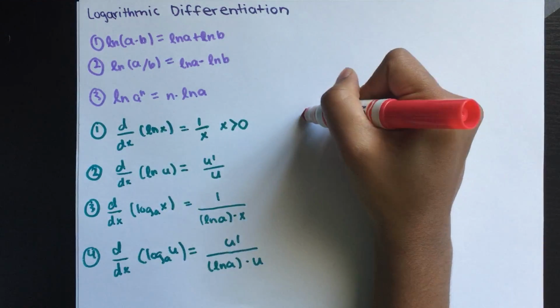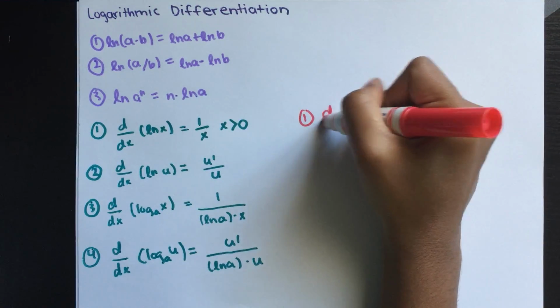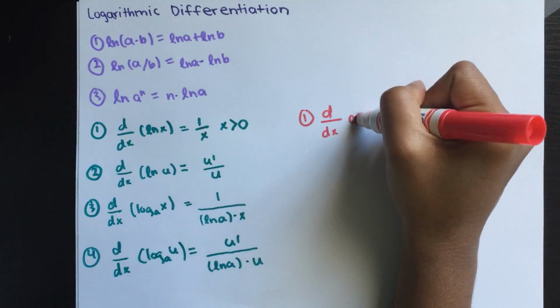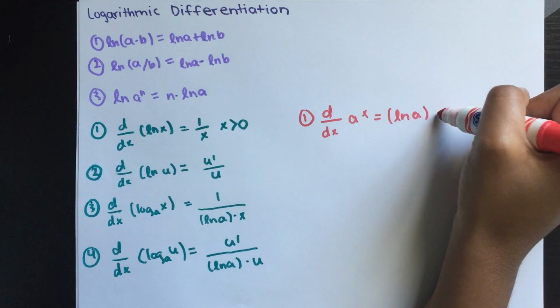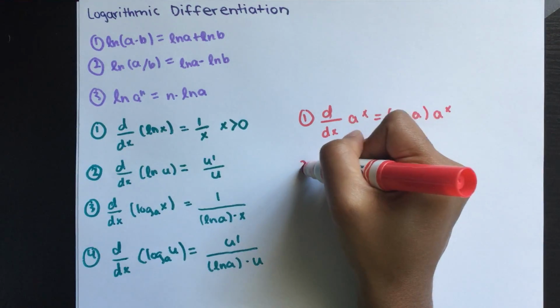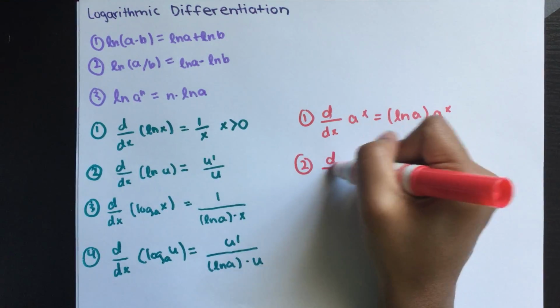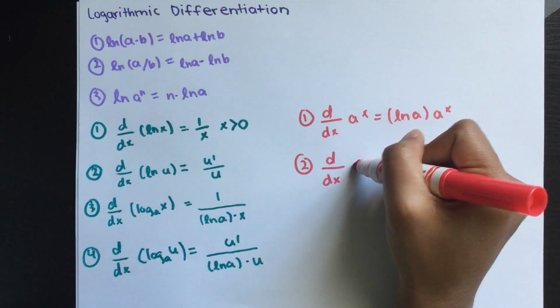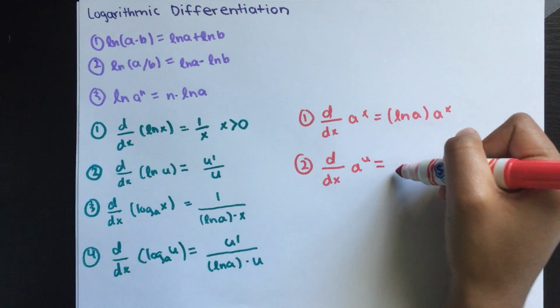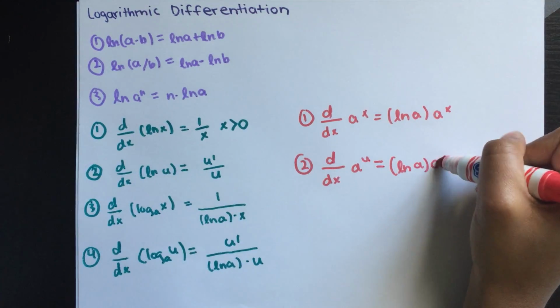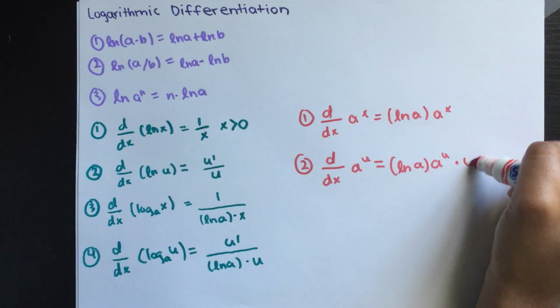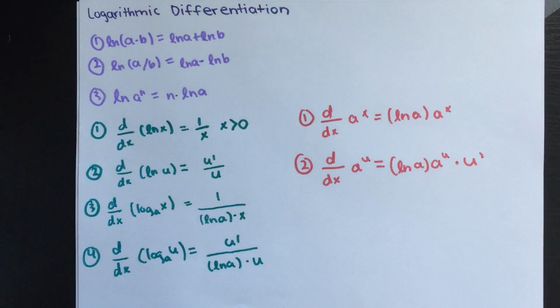So the first one is that the derivative of a to the x is the natural log of a times a to the x. And the second rule is that the derivative of a to the u, and u is a function, is the natural log of a times a to the u times the derivative of that function.